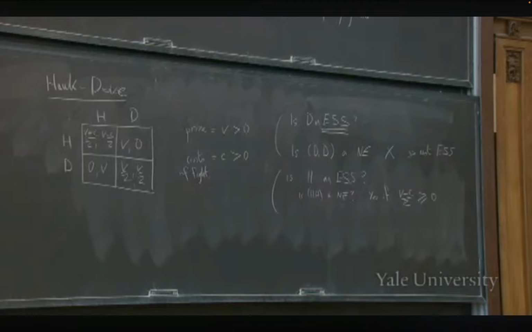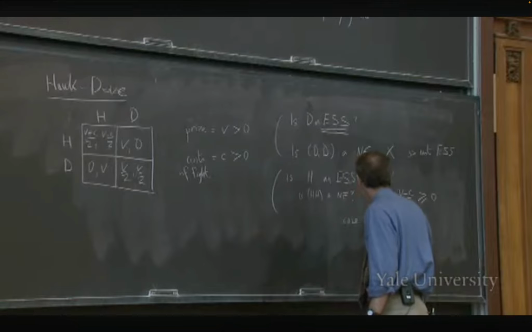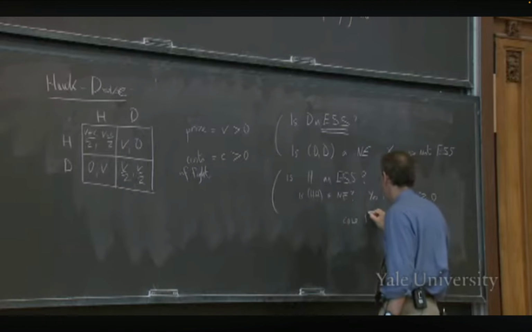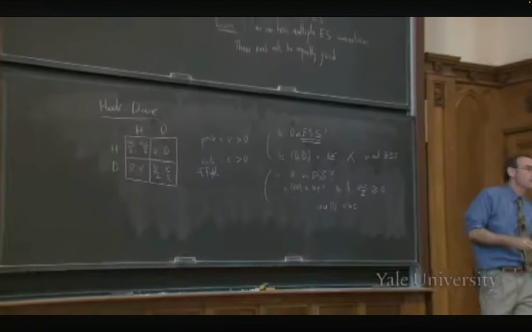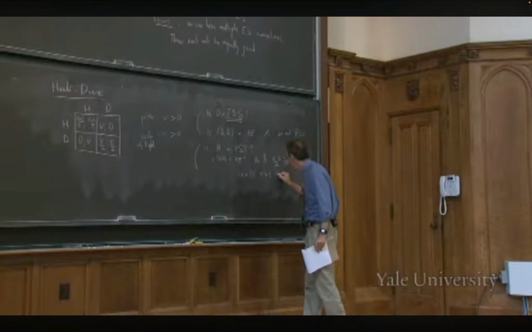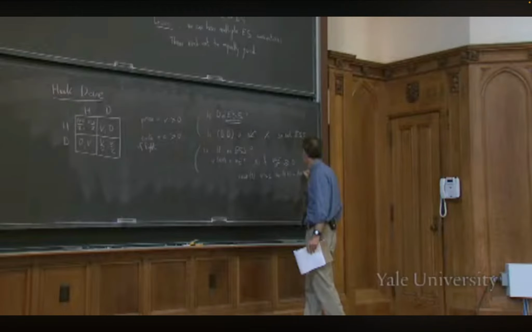All right. So now we have to think fairly carefully because there's two cases. So case 1 is the easy case, which is when V is strictly bigger than C. If V is strictly bigger than C, then V minus C over 2 is strictly positive. Is that right? In which case, what kind of a Nash equilibrium is this? It's strict, right? So if V is bigger than C, then Hawk is a strict Nash equilibrium.